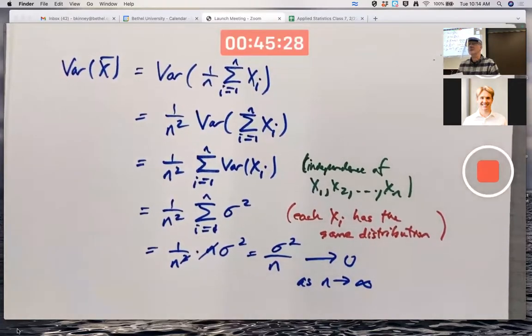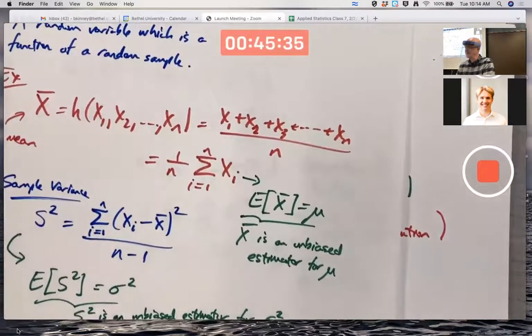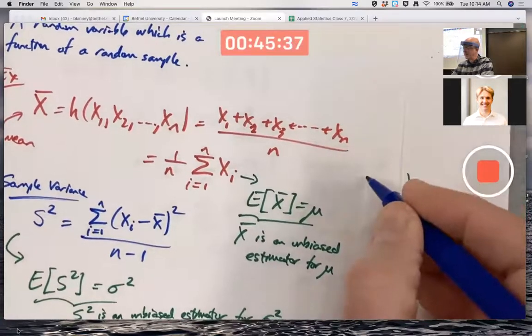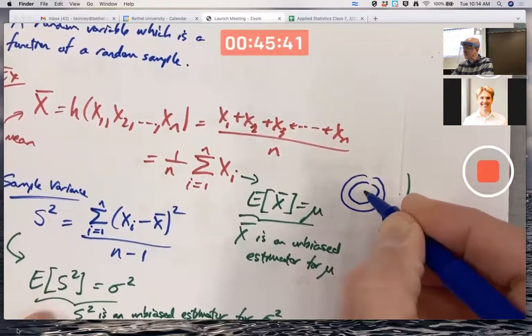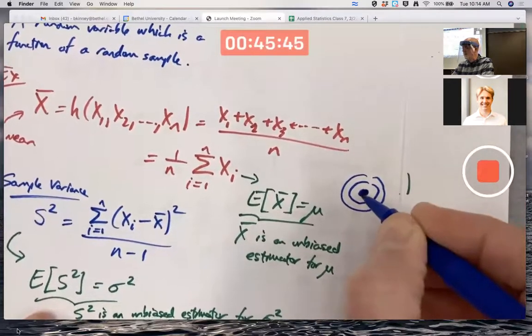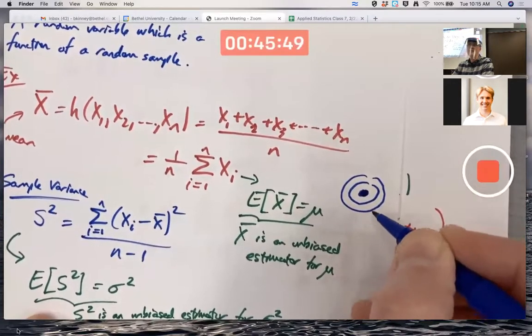Think about this in terms of target practice. Here's my drawing of a target with a bullseye. The fact that X bar is unbiased means on average you're going to be around the bullseye.